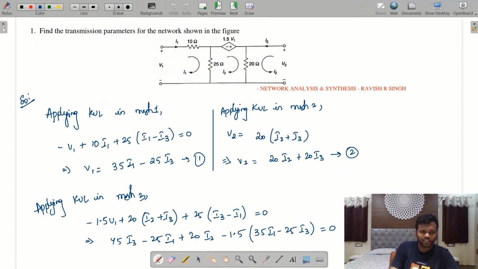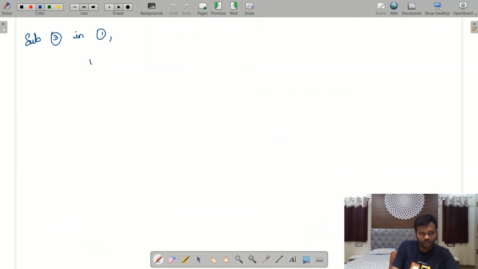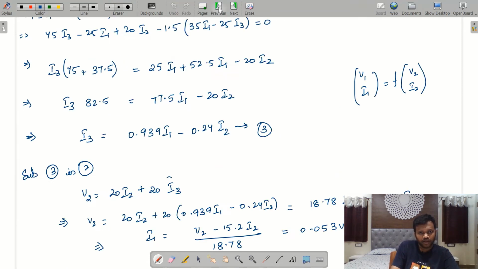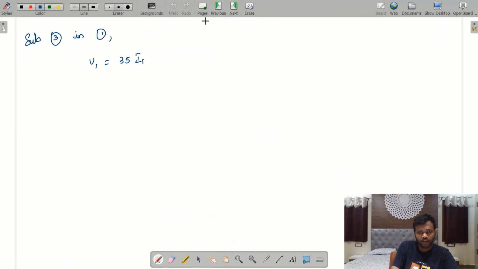From the first equation, V1 equal to 35 I1 minus 25 I3. What is the value of I3?